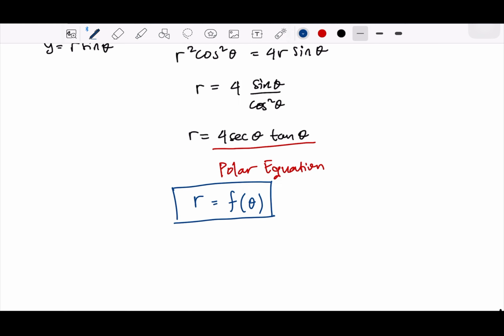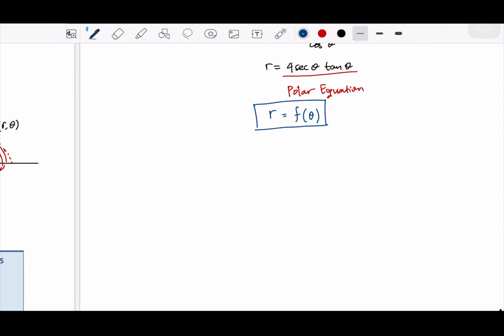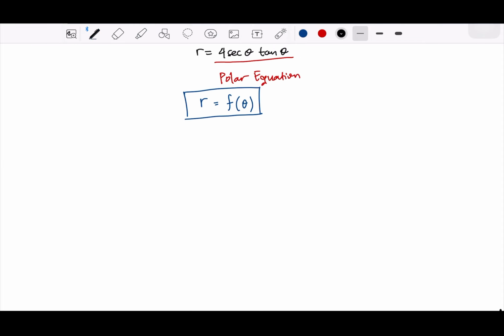Okay. Now another example that I think we are going to emphasize within this section is conversion from polar to rectangular. So for example, we are given the polar equation, let's say r equals 5 secant theta. And we know that this is 5 over cos theta.